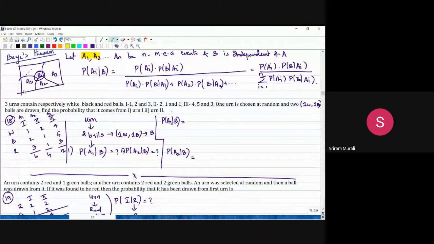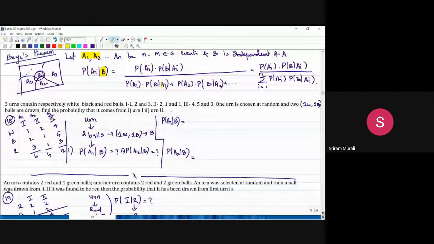I will tell you another example. A building is constructed. It is collapsed. Collapse is B, because of right construction or because of wrong construction. So the chance of the building having right construction, wrong construction.